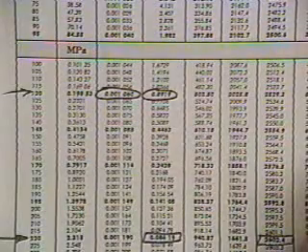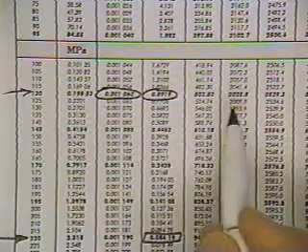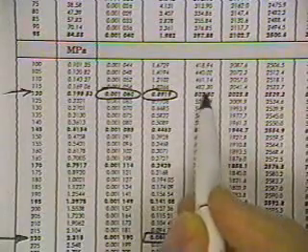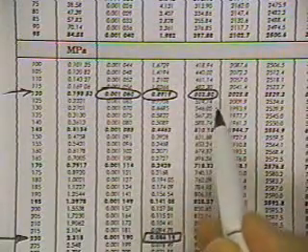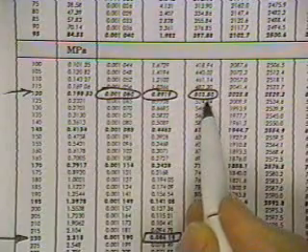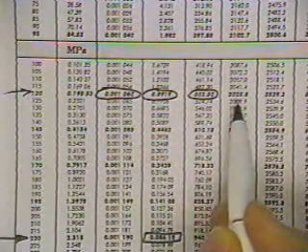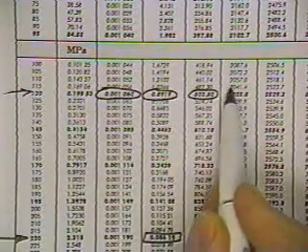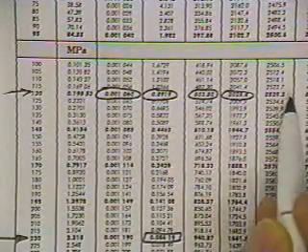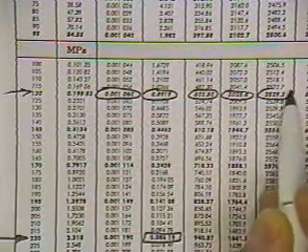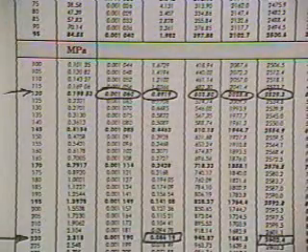Since we know we're going to have to find the internal energies, we might as well pick those off too. UF is 503.5 at 120 degrees, UFG is 2025, and UG is 2529.3. So we found that information from the thermodynamic tables on page 48.